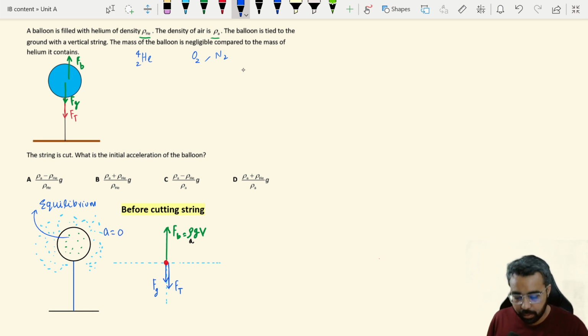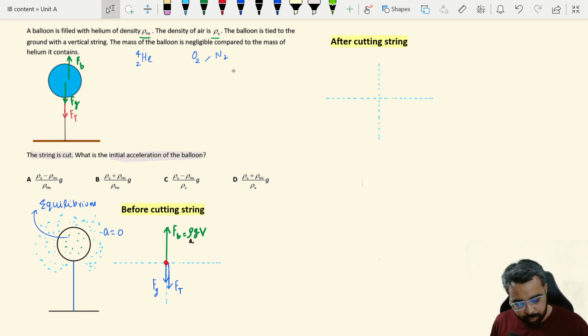The question is, what is the initial acceleration of the balloon as you cut the string? When you cut the string, we can imagine that the force of tension will now not be in this picture. Now there will be a resultant force. So after cutting the string, once again let's draw the free body diagram.